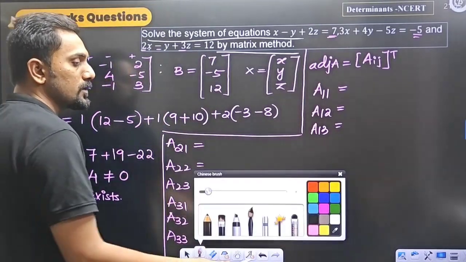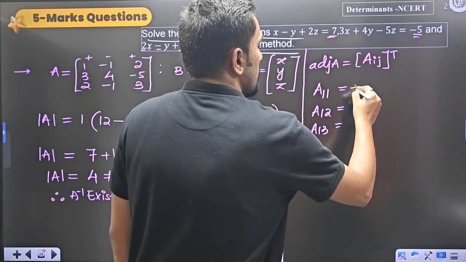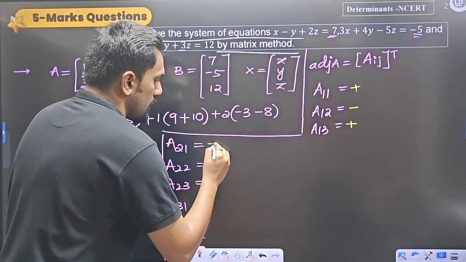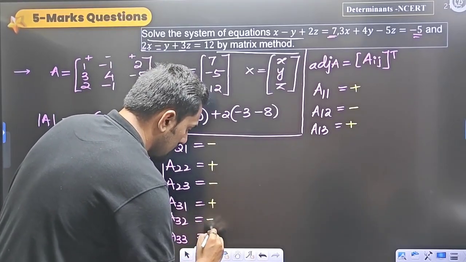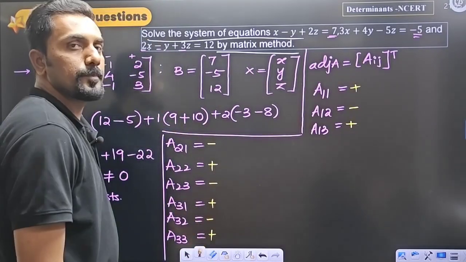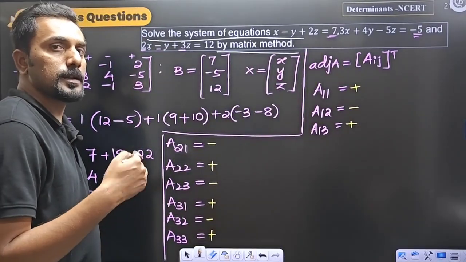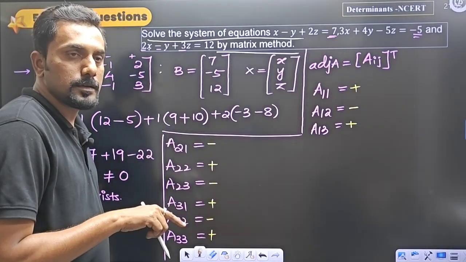For this, what I will do is use the sign convention: plus minus plus, minus plus minus, plus minus plus. Okay, because there is a formula, minus 1 raised to the power i plus j multiplied by the minor, right?